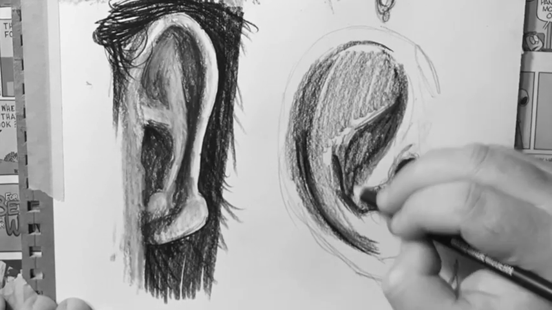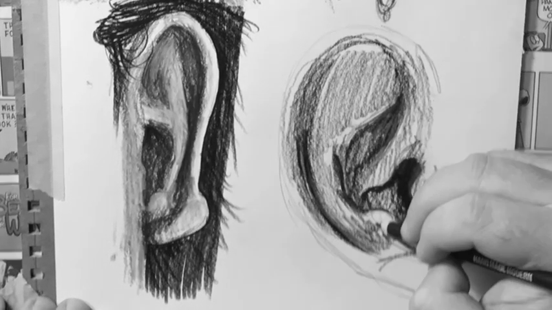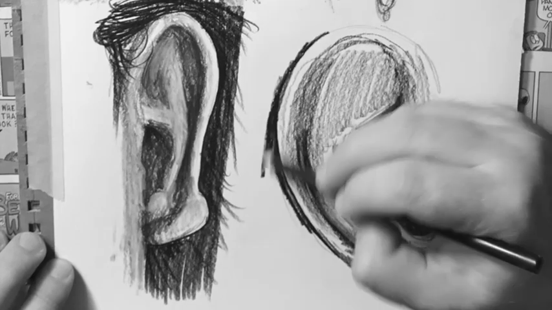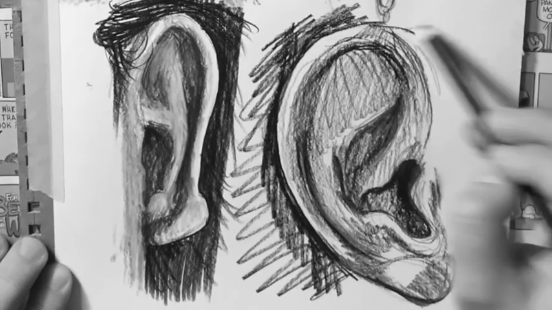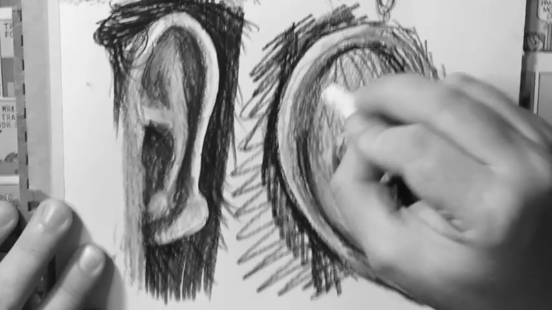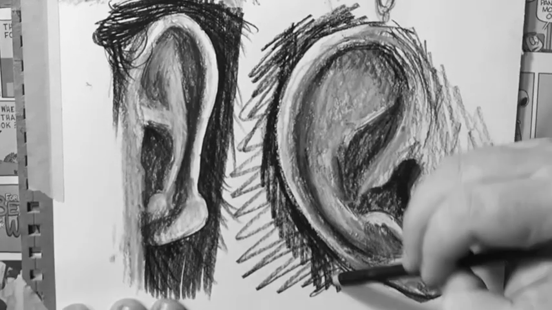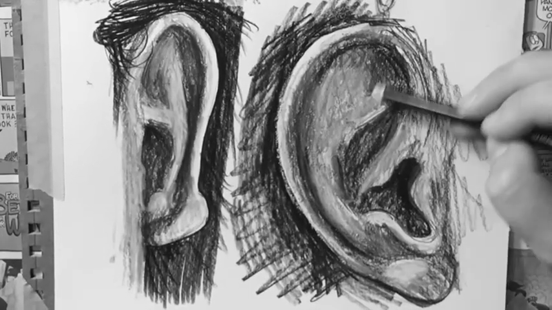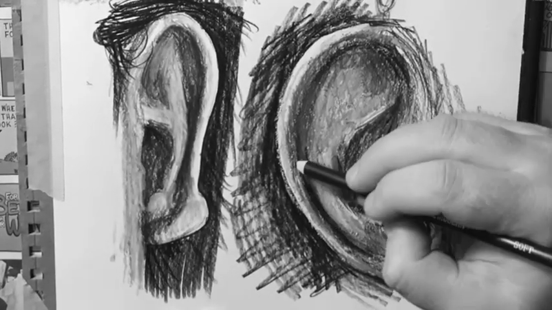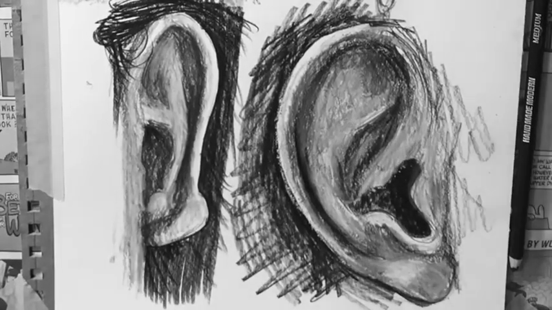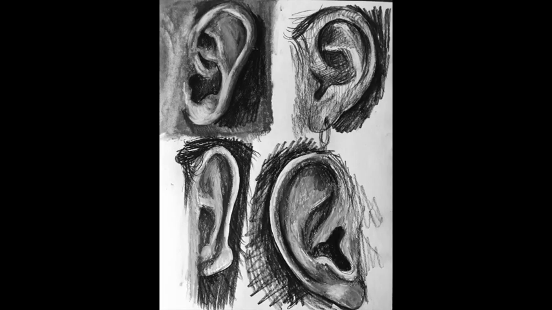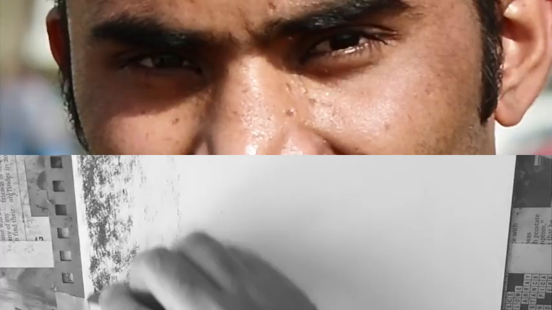So it helps to at least get a general idea of where the shadows, where the ridges of ears tend to be, and where the opening tends to be the darkest, have the most shadow. And hopefully, by doing cross contour first, you're able to think of these shapes.